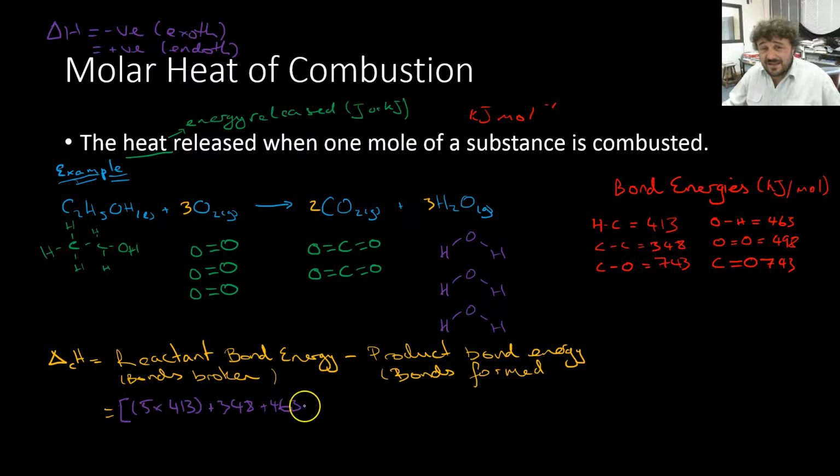And then we add to this the 3 oxygen to oxygen double bonds, which is 498. Now we take away from that the bonds on the other side. So we've got the carbon to oxygen double bond, and there are 1, 2, 3, 4 of those.